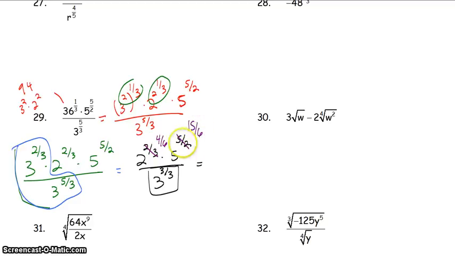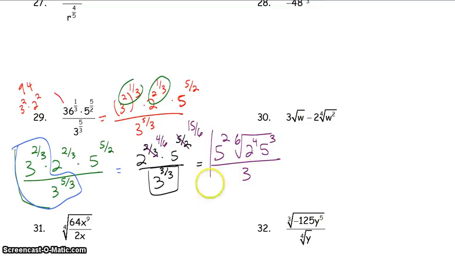We can use 12 of the 5s because 12 over 6 is 2. So I have a 5 squared on the outside, and then these are 6th roots on top. And then I have 2 to the 4th, and then if I use 12, that's 3. So 5 to the 3rd all over 3.